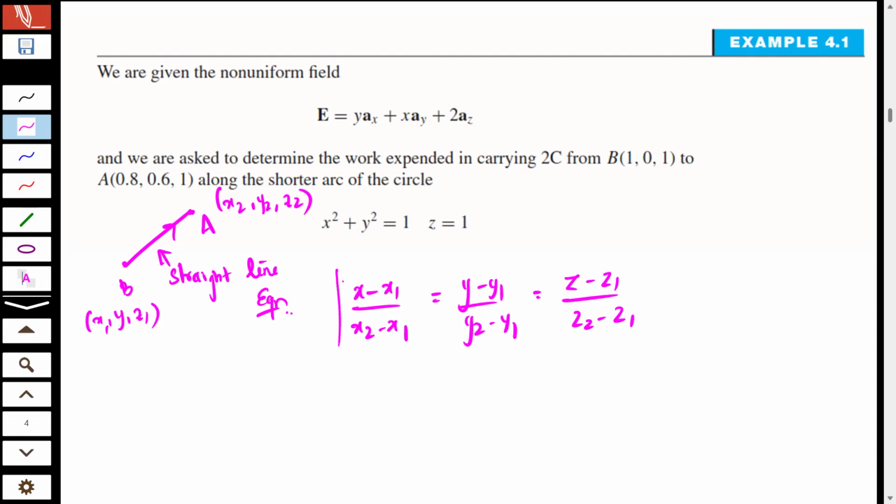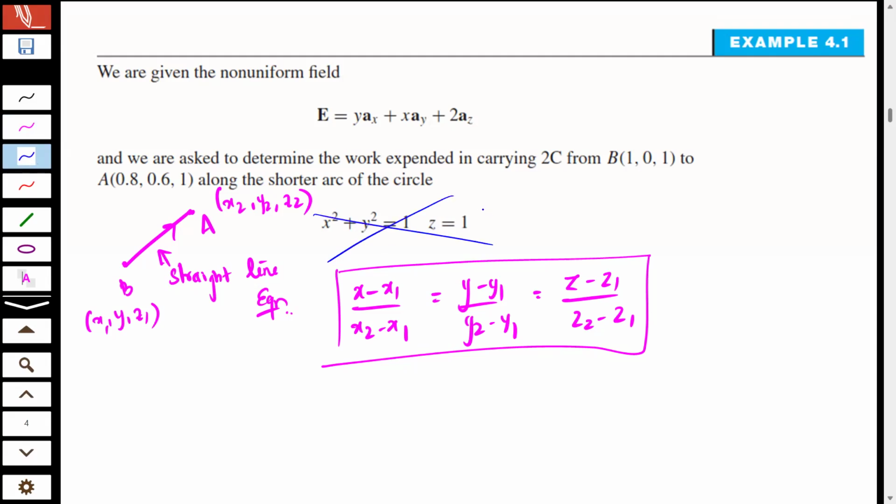So we can make use of this equation of straight line from point B to A and find the equation. Instead of this path, we can make use of the straight line equation and solve for the numerical problem. So let us substitute the values and get the equation, which is going to be, if I take these two, I'll get the equation for x and y relation.